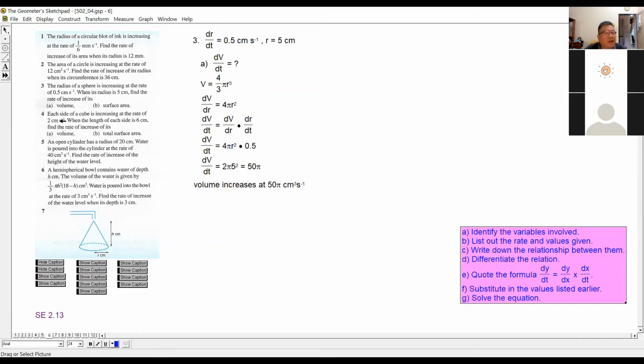So if you cannot do this question number 3b, 4, 5, and your self-exercise 2.13, you put inside the Telegram. Now, I don't expect you to give me the correct answer inside the Telegram.